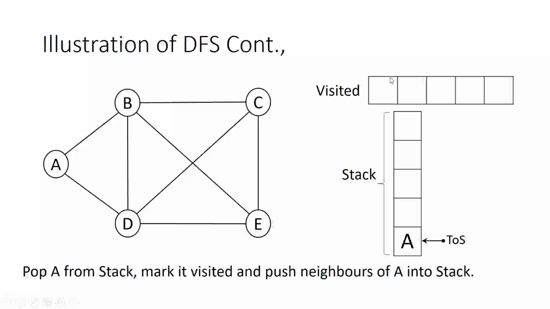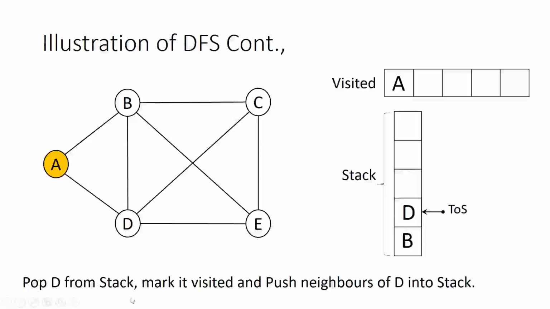A will be pushed into the visited array, and B and D can be pushed into the stack. Here I have pushed B first, then D. Again order doesn't matter, you can push D and then B also. Because the top of the stack is D, we can pop D only, because a stack is always last in, first out.